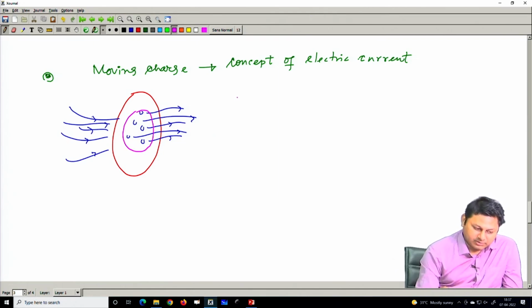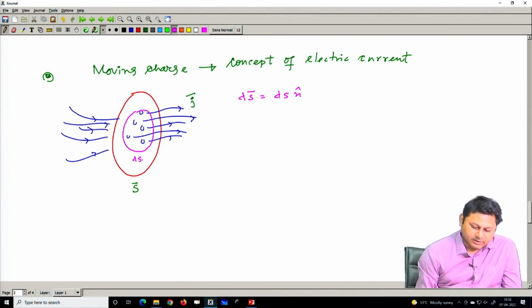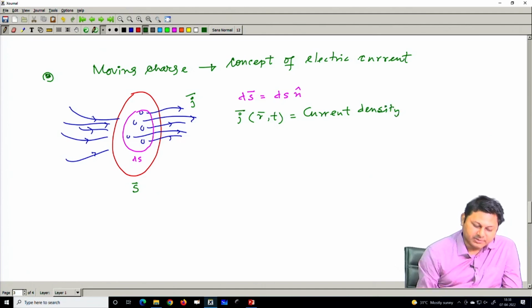So, ds, if I want to find out the area here, this should be ds n unit vector, n is along this direction, and this is the flowing current density. I should put J because charges are flowing here, and this is the total surface S, and this small surface is ds. Okay. So, J here, which is a function of r and t, is called the current density. Crudely speaking, it is the amount of current passing through per unit area.